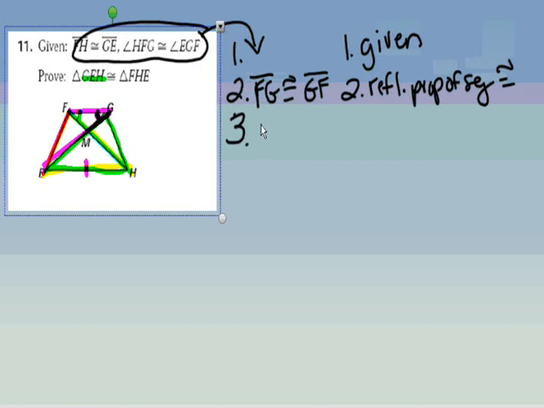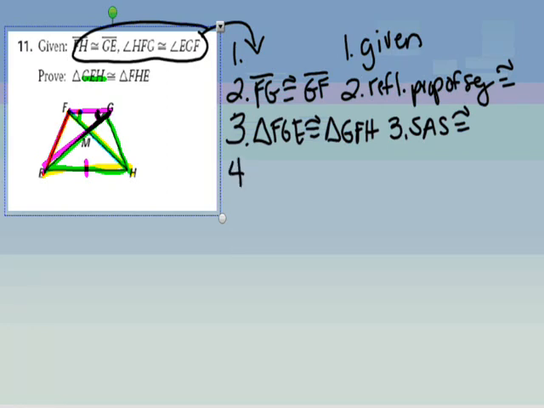So I can say that triangle FGE is congruent to triangle GFH. And that would be due to the side, angle, side congruence postulate. Now, those are not the triangles they asked me to prove congruent, so I'm going to need to keep going.